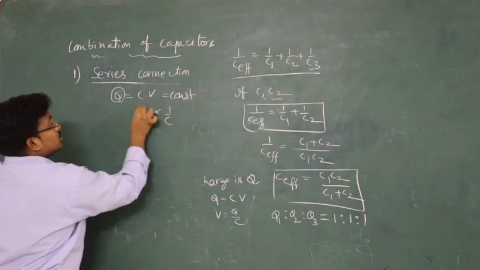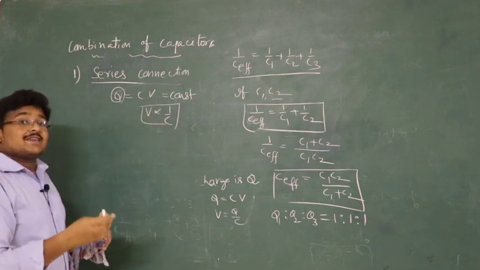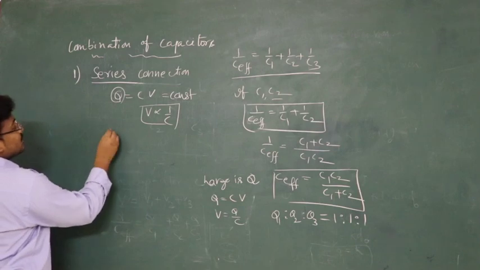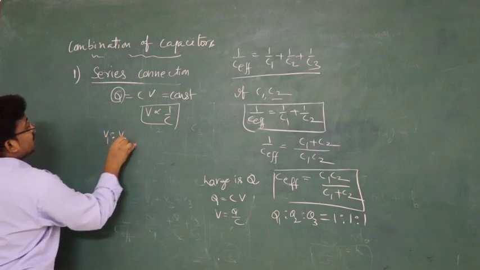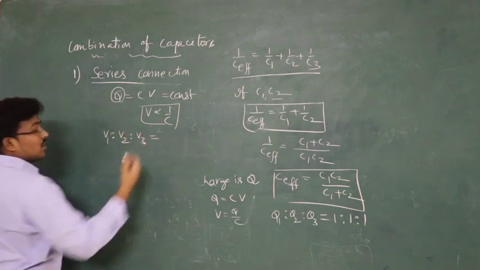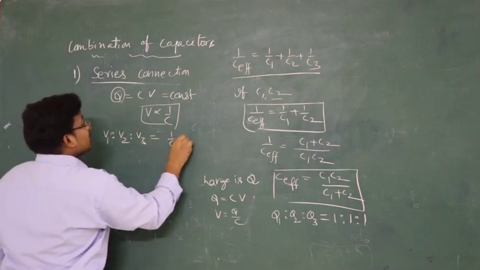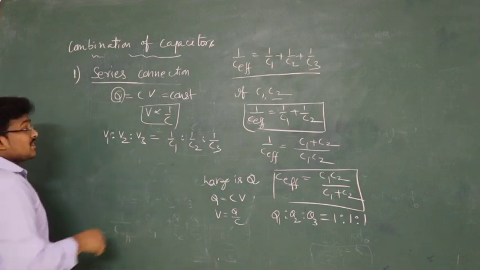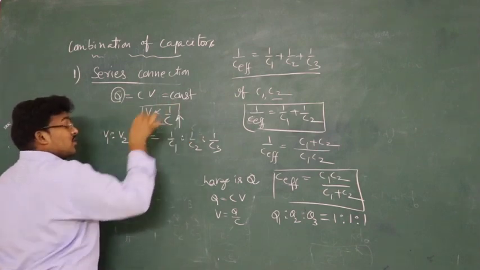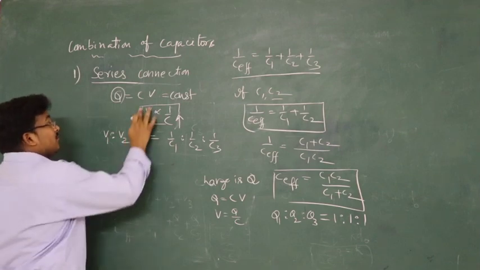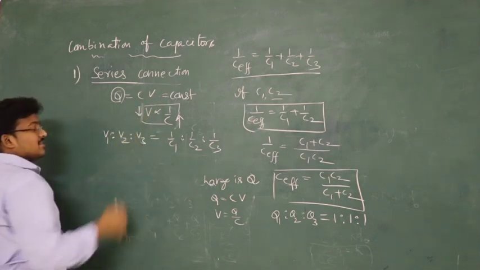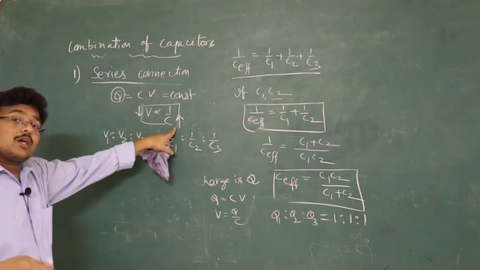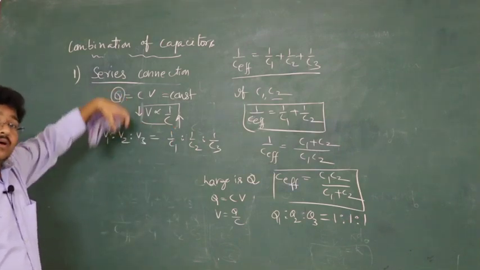So potentials across each capacitor are inversely proportional to C. It means V1 is to V2 is to V3 can be written as 1 by C1 is to 1 by C2 is to 1 by C3. It means the capacitor that has more capacitance will drop less voltage. In the series connection, the capacitor that has more capacitance drops less voltage.